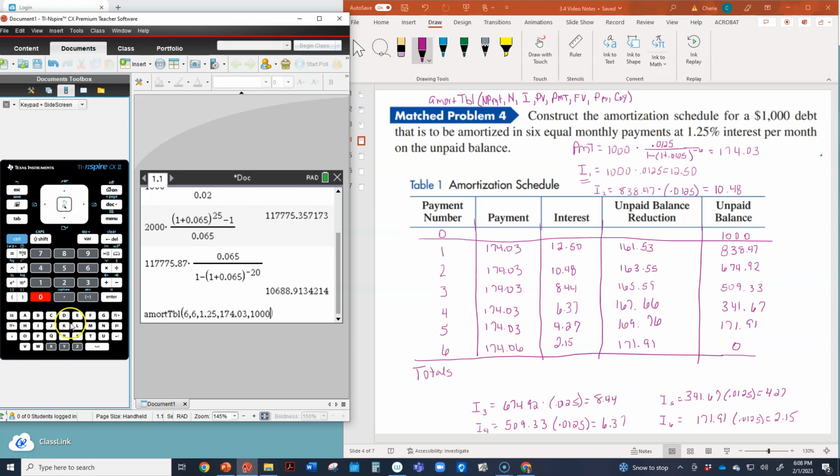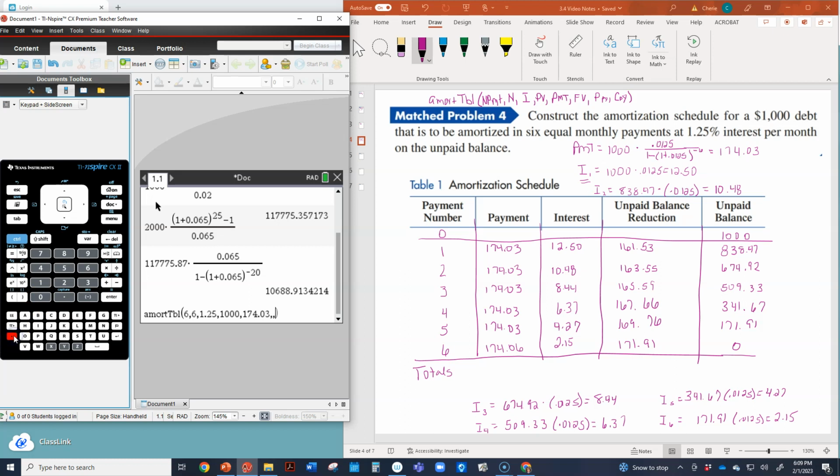And what comes next? Oh, I think I did that backwards. I've got to do present value, then payment. So, $1,000. And then a payment of 174.03. And then we don't have a future value, so I'm just going to leave that off.